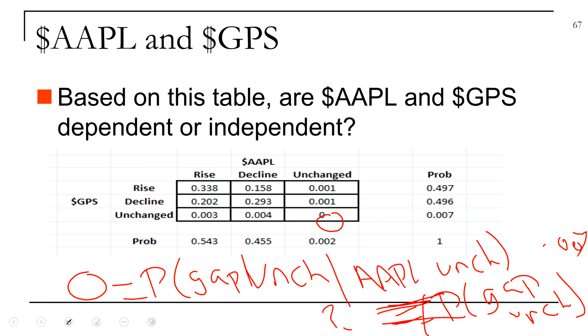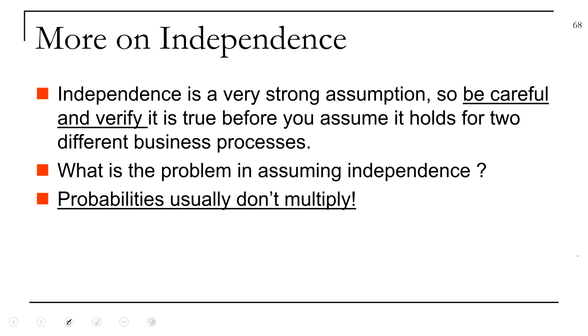If you have equality here, if A given B equals A, you'd say they are independent. If not, they're dependent. We don't have equality here, you would say they're dependent events. Actually makes sense because they're both big companies in the stock market. If one goes up, the other should go up. One goes down, the other goes down. So you'd think they're dependent, and we just said they are actually dependent.